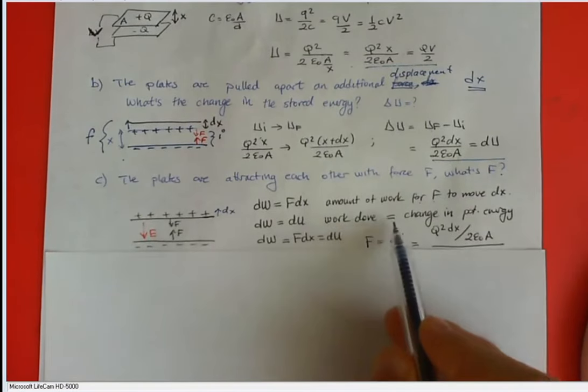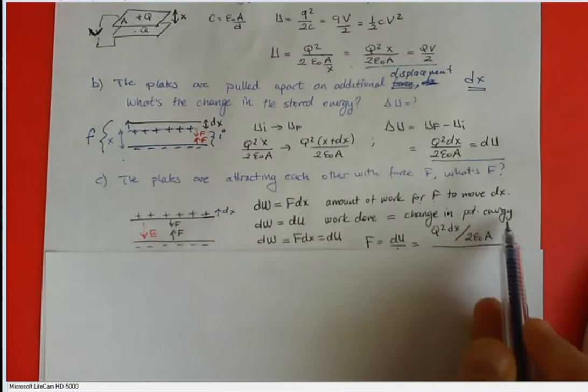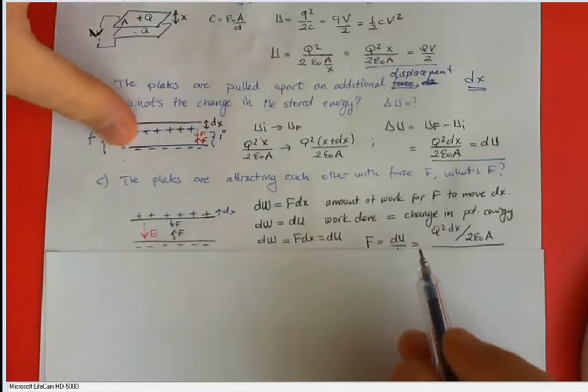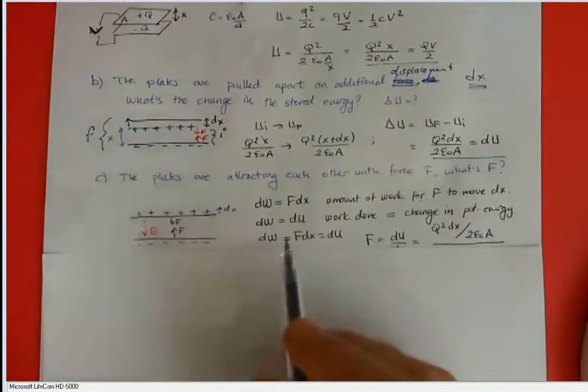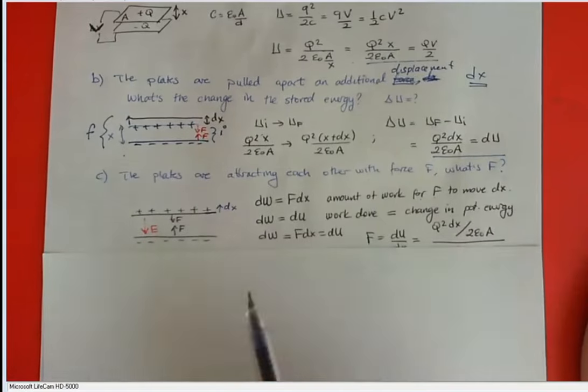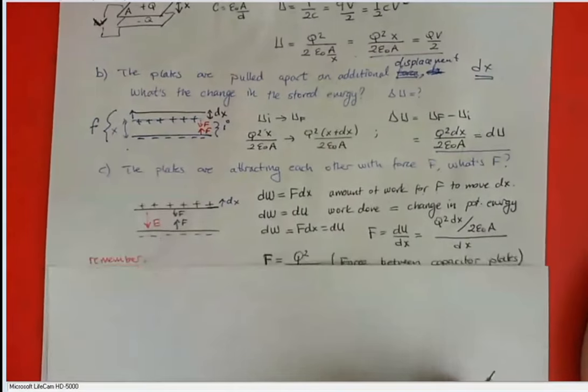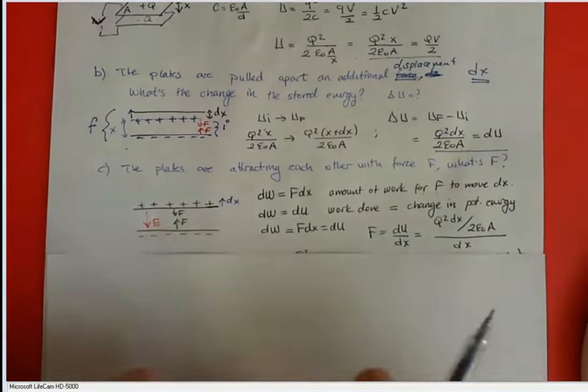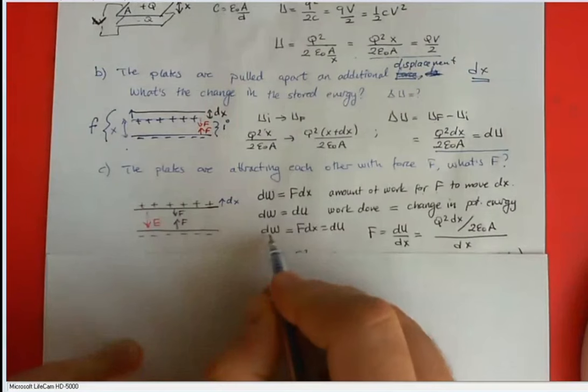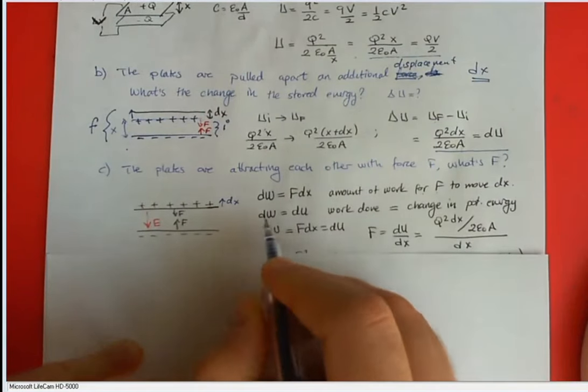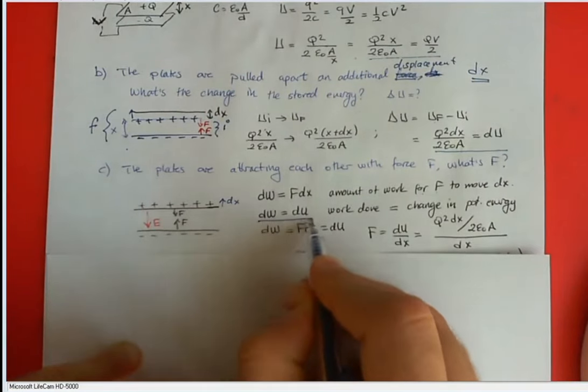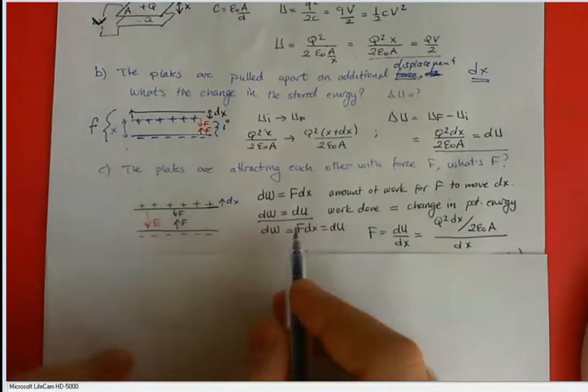So work done is the change in the potential energy, so you can say, and here you can write that those are the magnitudes that are equal to each other. So that the force is then, and the next is the work is related to dU.